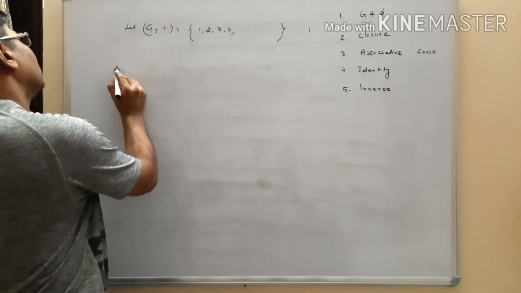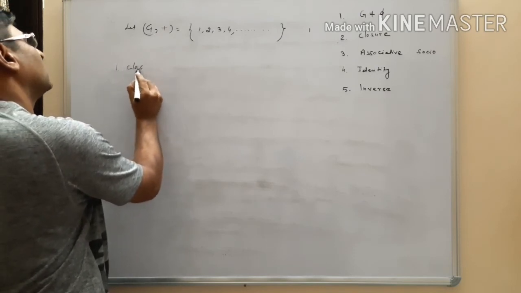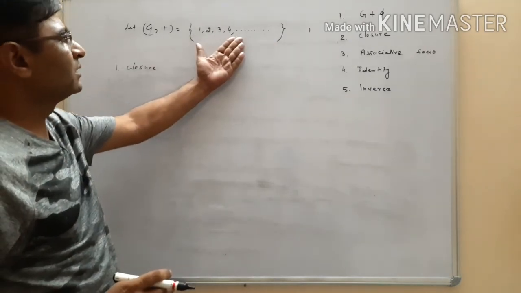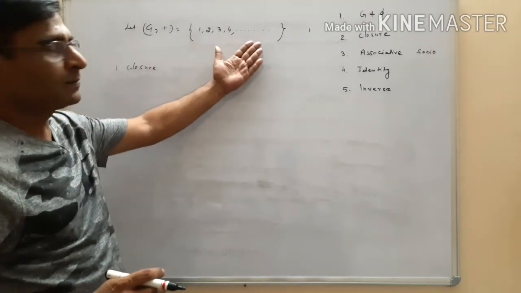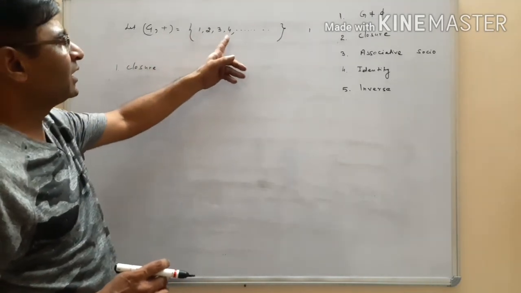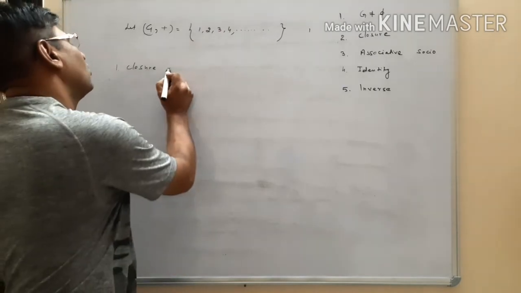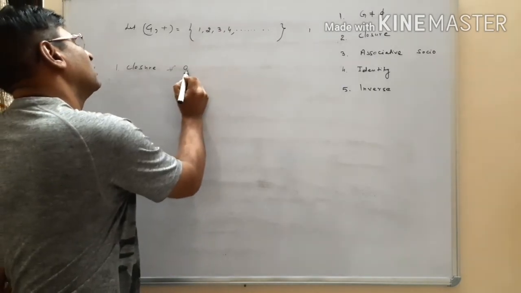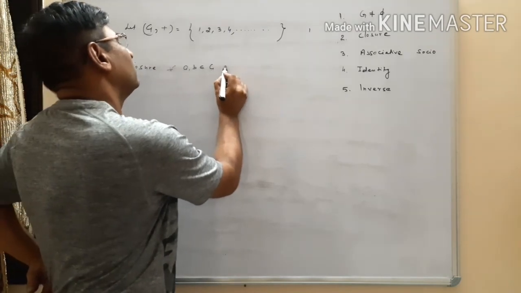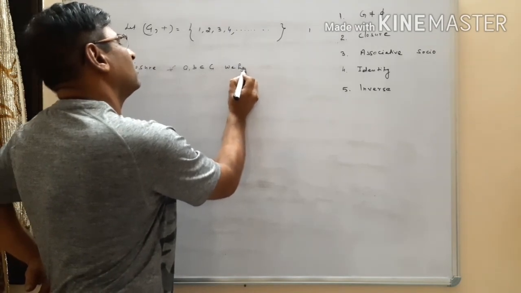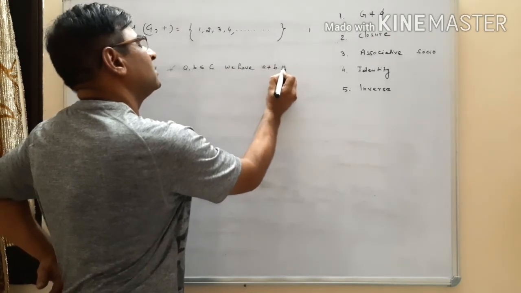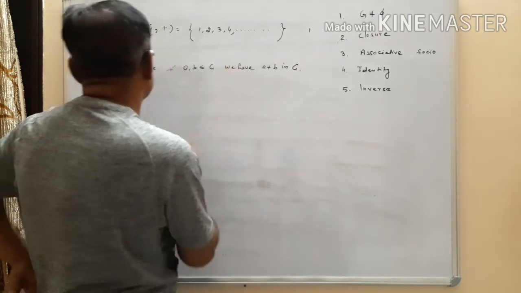Obviously, number one, closure. If I take any two elements and add them, because our operation is addition, we get an element in G. For all A, B belonging to G, we have A plus B in G.